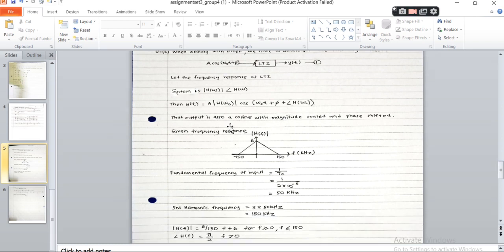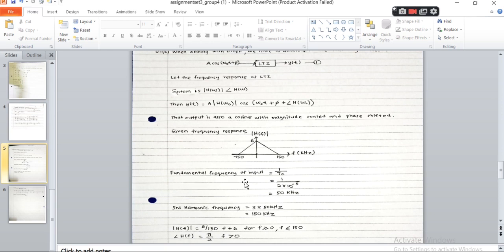Also for the cosine, magnitude scaled and phase shifted, we give the frequency response according to the magnitude, from minus 150 to 150, from the positive to the negative side.